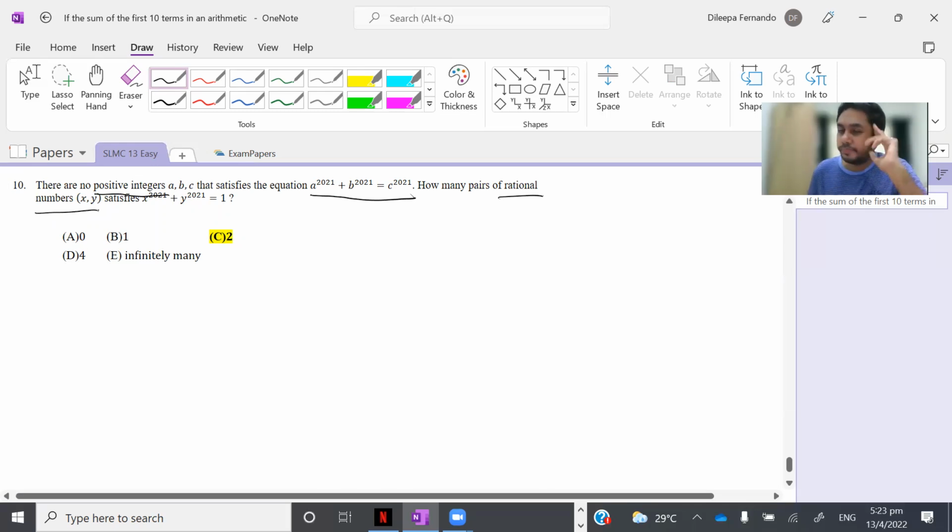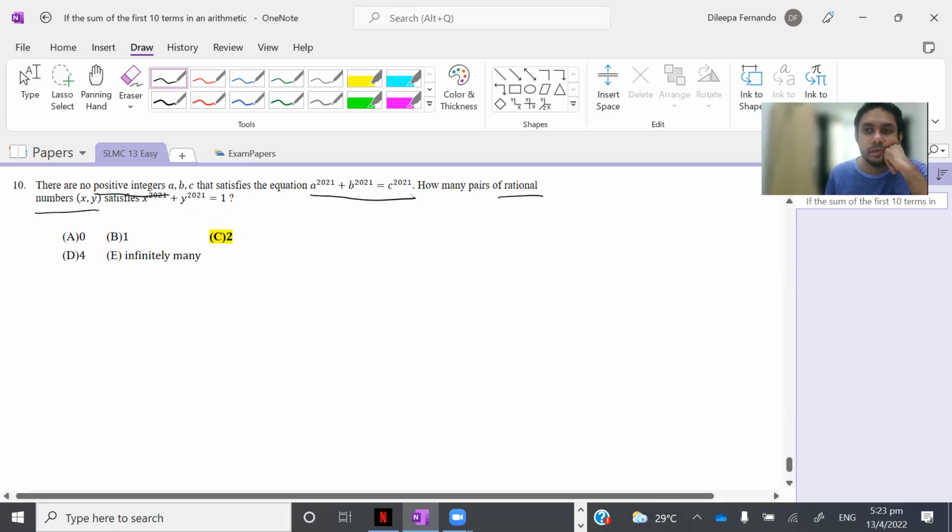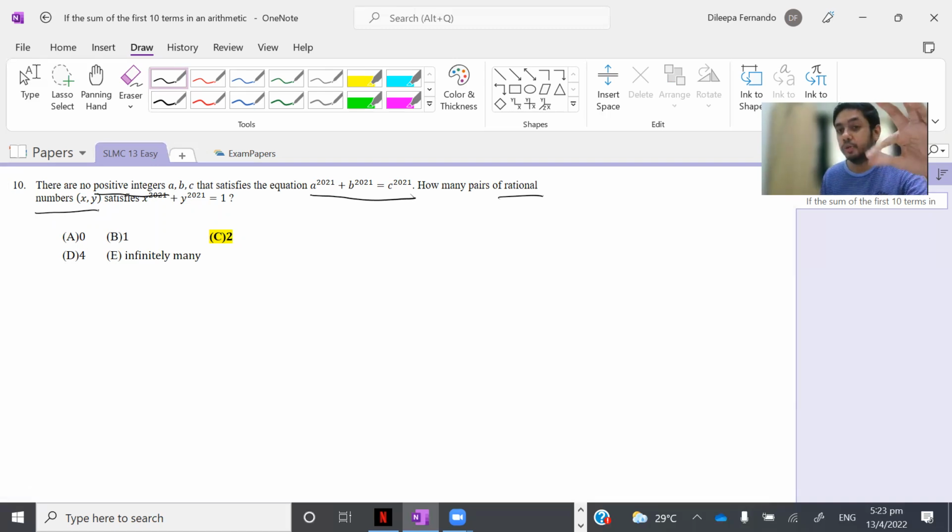But we know some relationship between rational numbers and positive integers. A rational number can be represented as a ratio between two integers. That means it can be positive, it can be negative, but there's a clear relationship.